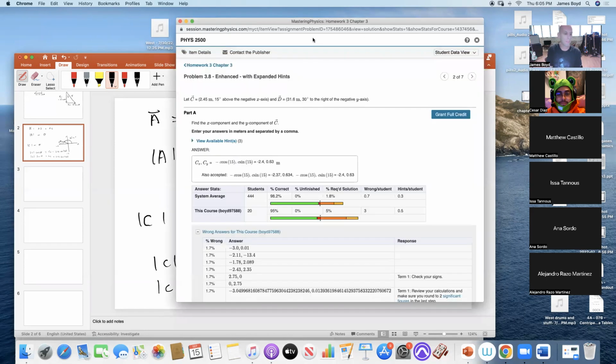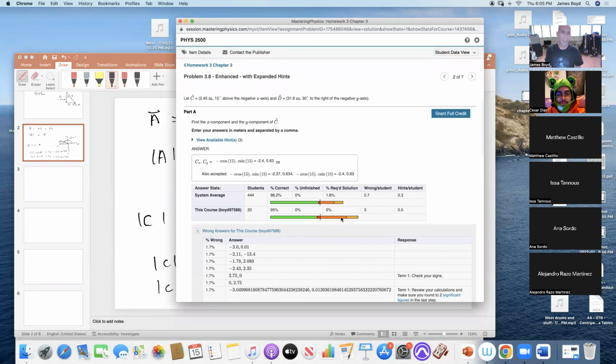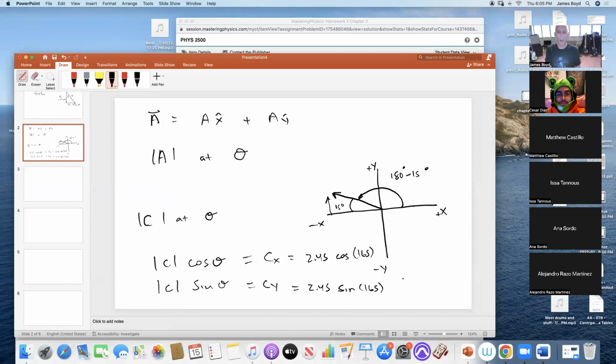But regardless, if we want numbers, 2.45 cosine of 165 is negative 2.3666, so negative 2.37.